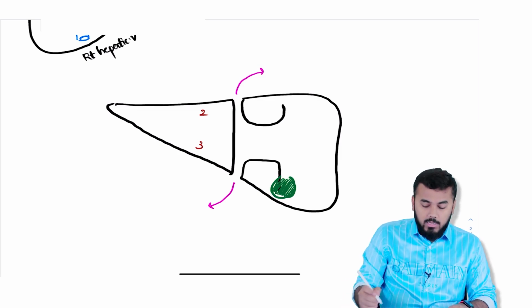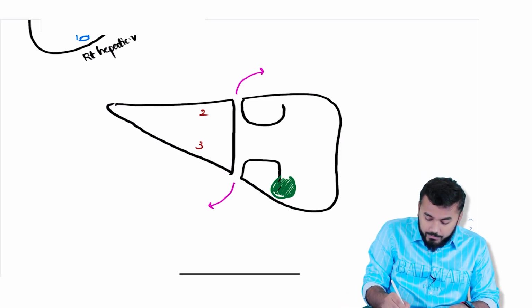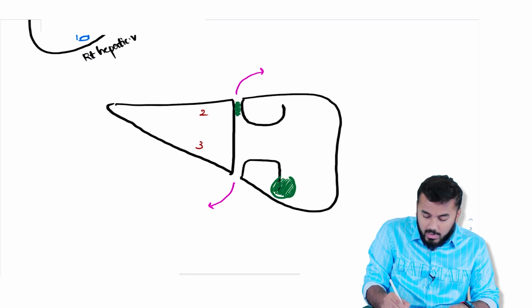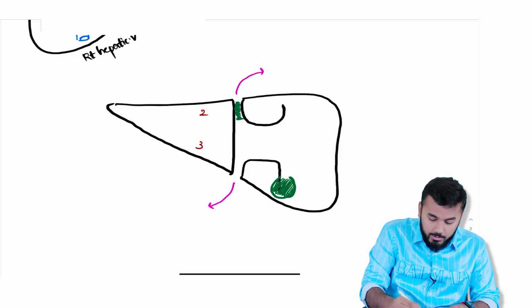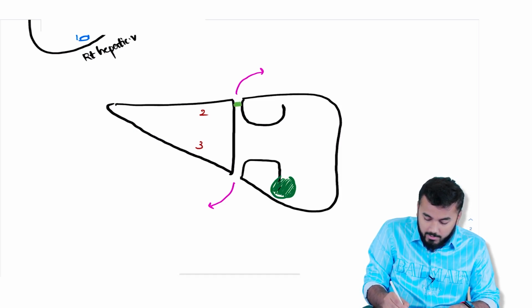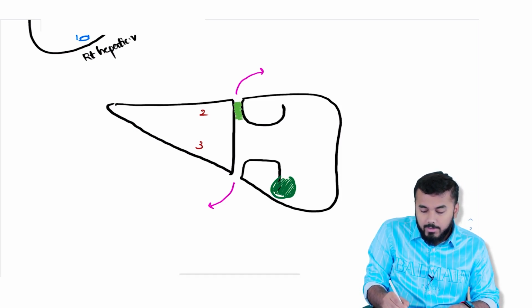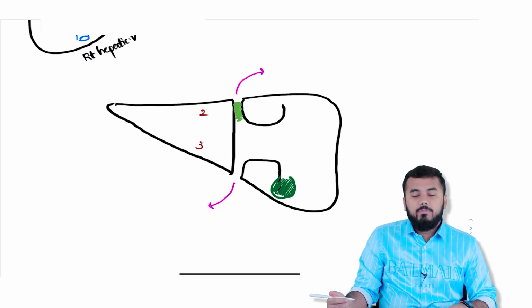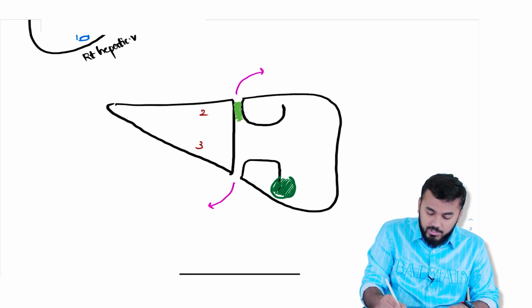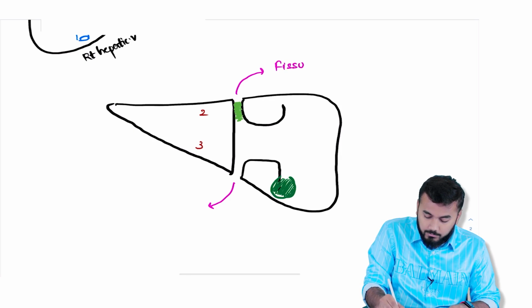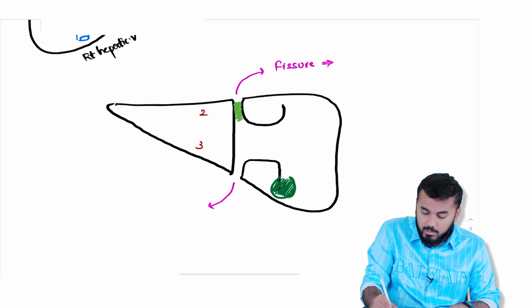What are these fissures? This is the place where I have a ligament. Let me use another color over here. This is the place where I have a ligament, and that ligament is called the ligamentum venosum. So this will be the fissure for ligamentum venosum.